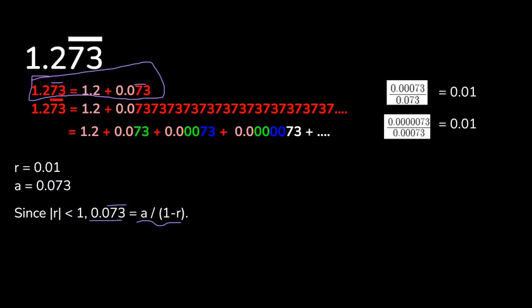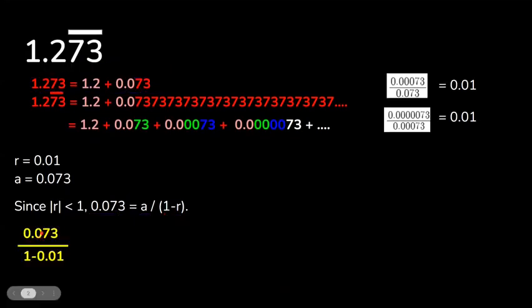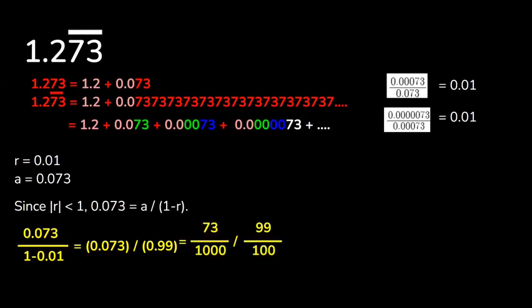So we plug in that equation. So we do 0.073 divided by 1 minus 0.01. Sorry, I can't speak correctly. And obviously that's equivalent to this. Now let's make it fractions because if we're doing this by hand, that's what we want to do.